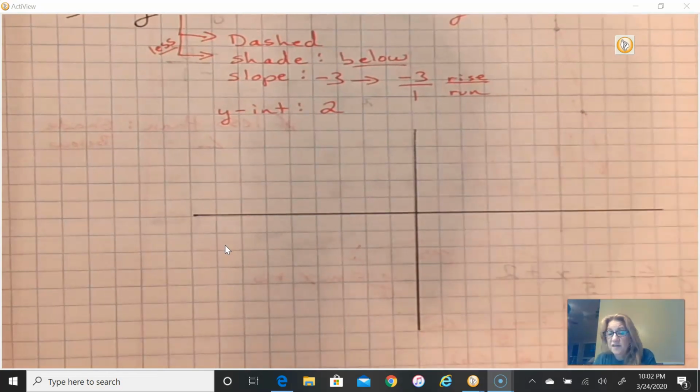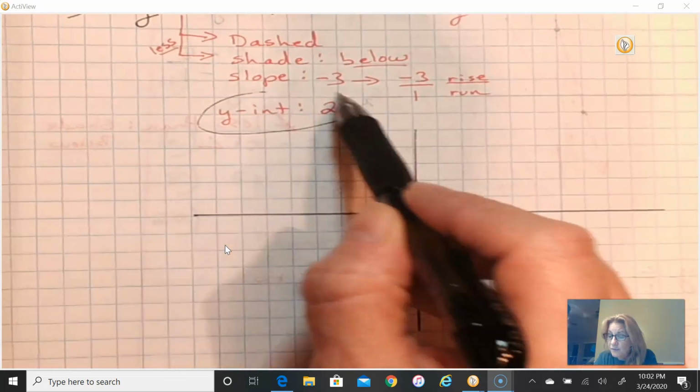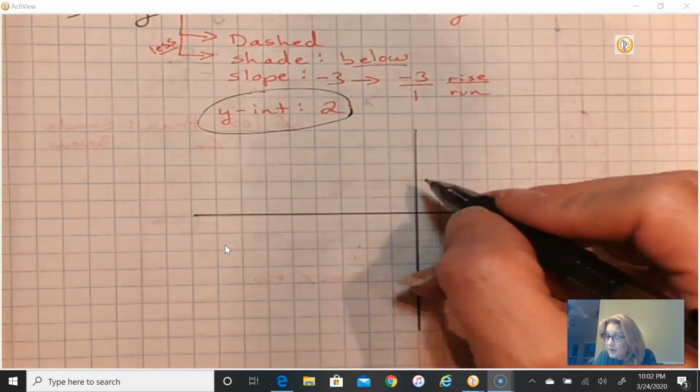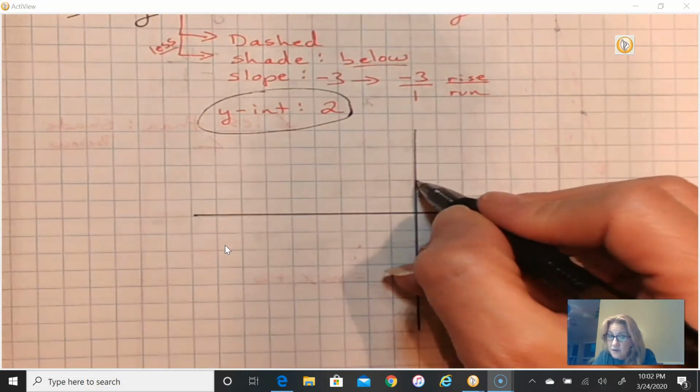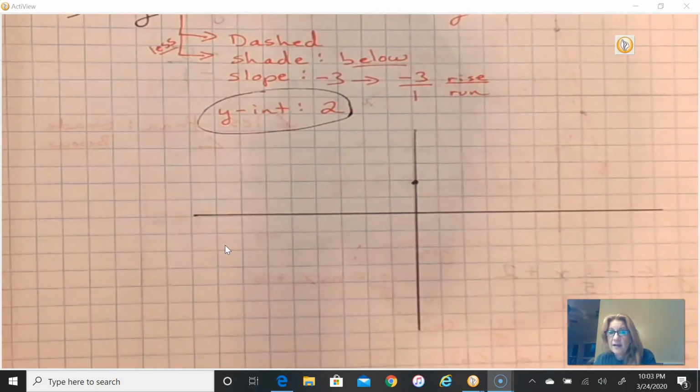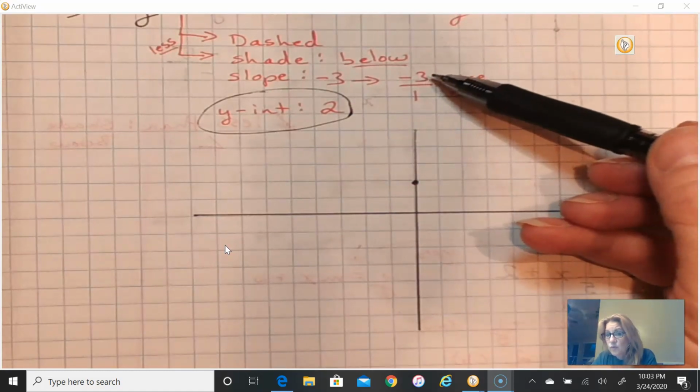All right, so the first thing that we plot is our y-intercept. Don't forget, it's the first thing that we plot. That's at 2 on the y-axis. 1, 2. Okay, then we do the slope. The top number, the rise, is negative 3, so we're going to go down 3.